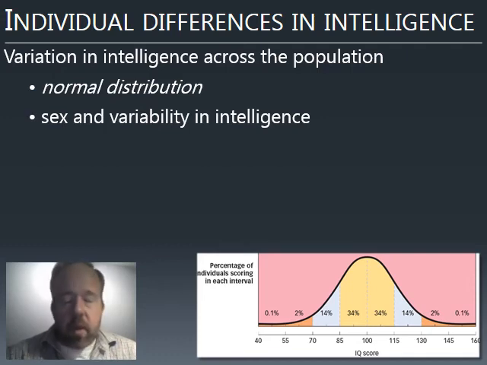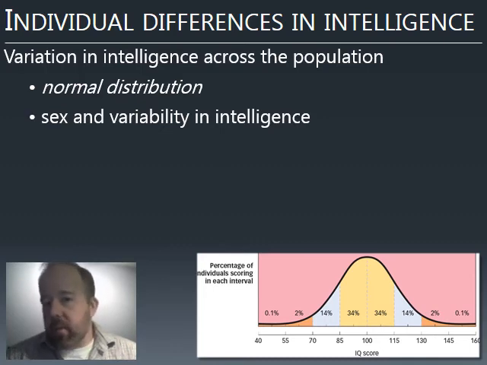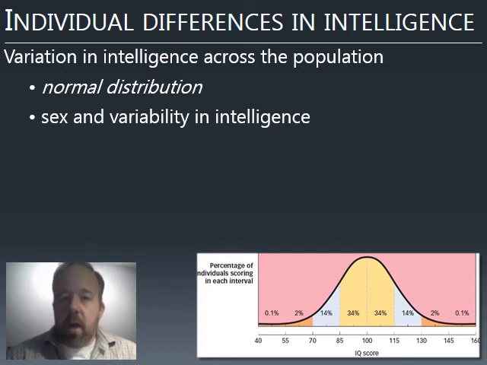What does that mean? Well, it means that that curve is narrow for women and wide for men. So you have more men on the low end of the scale than you do women, as well as the high end of the scale. So it's not about the average intelligence of the groups concerned, it's about the variability.